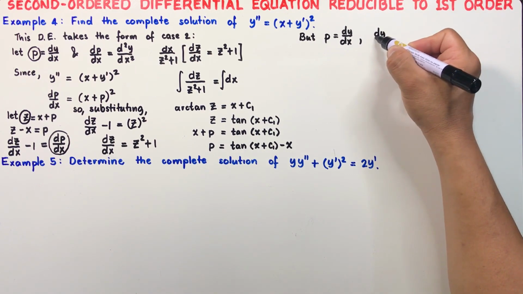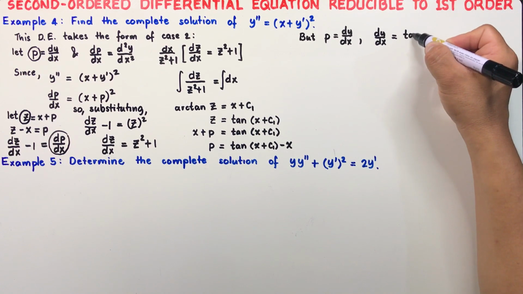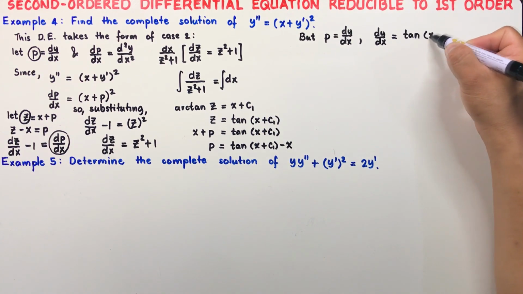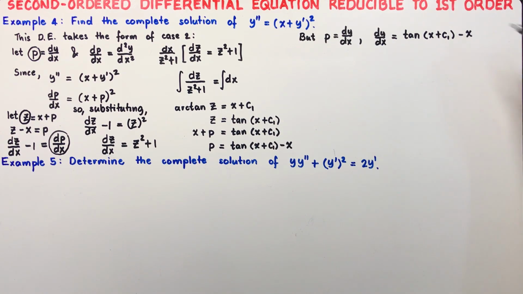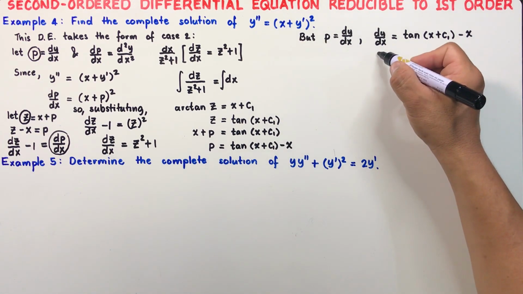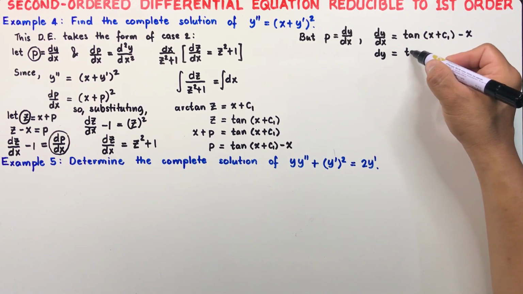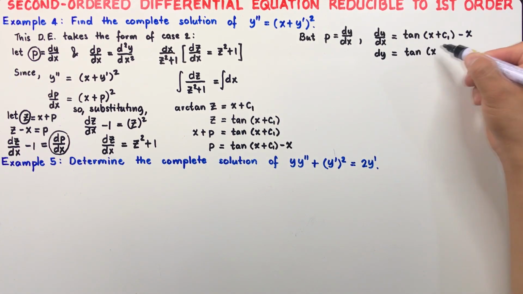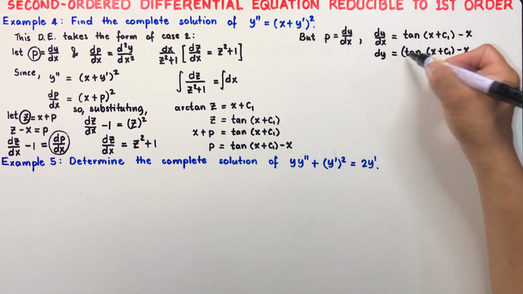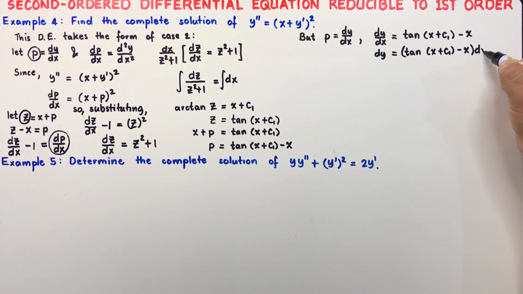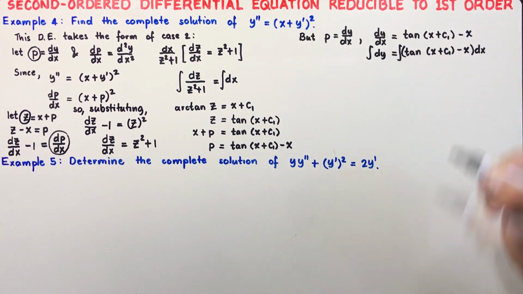So dy dx is equal to the tangent of x plus c sub 1 minus x. And rewriting this equation, we have the differential of y equal to the tangent of x plus c sub 1 minus x quantity dx. And now we can integrate both sides of the equation.